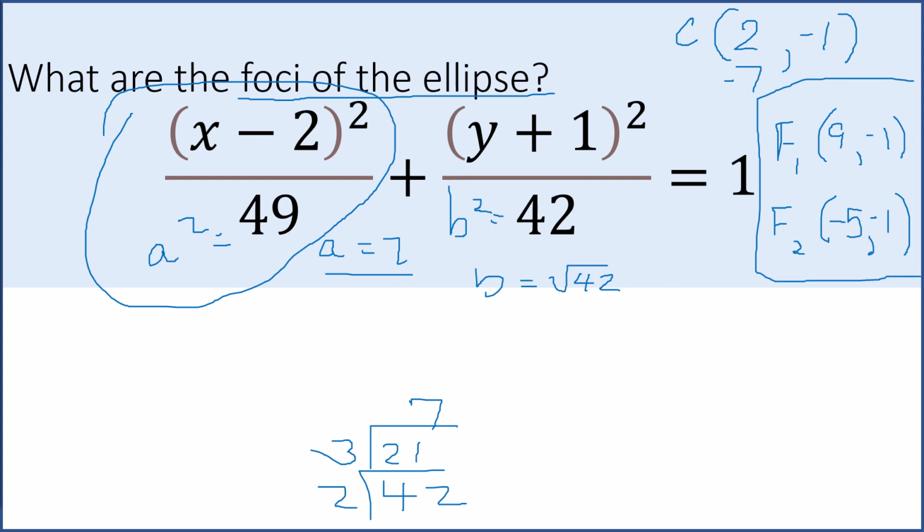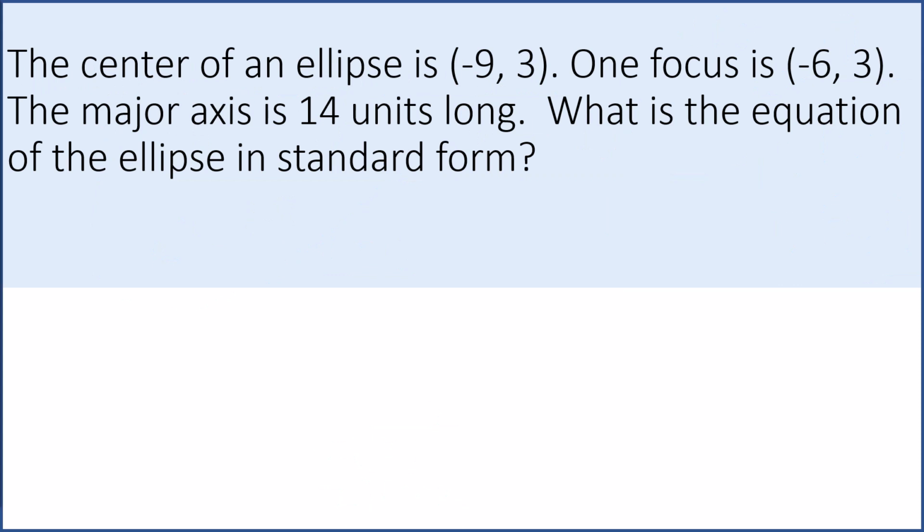Let's go on to the next question. We have the center of the ellipse, so we have h and k, and one focus is (-6, 3). The major axis is 14 units long. Okay, so half of that is going to give us a, because we need the semi-major axis.